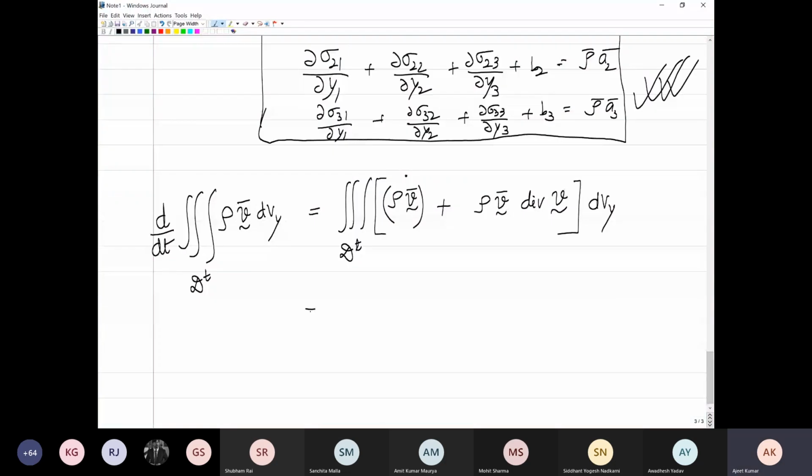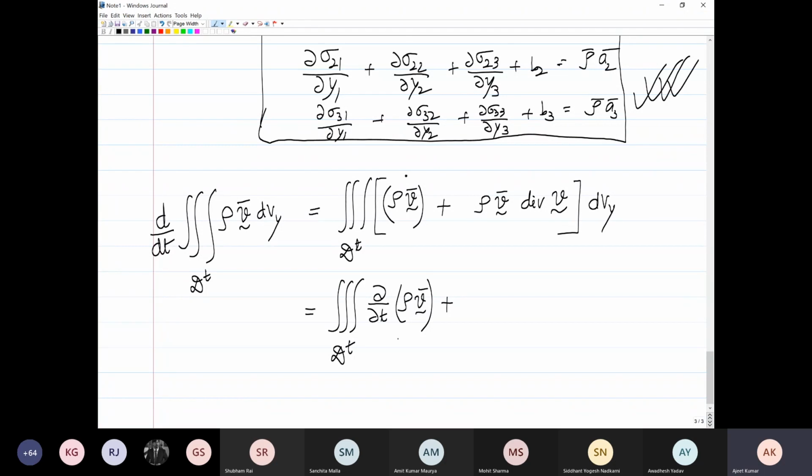And then what we are going to do is we will also write it as integration over dt, but then we say it is simply del over del t of rho v. So obviously we'll have a convective term also, right?